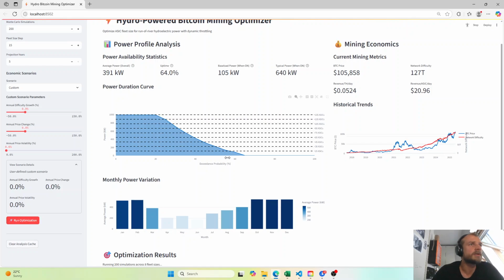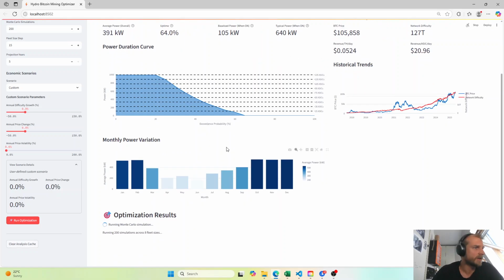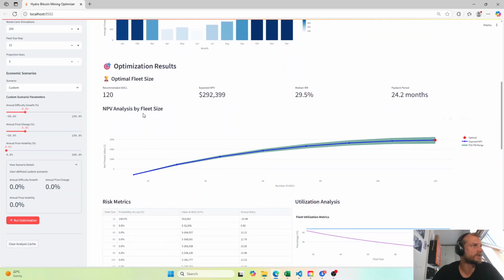And we can run the optimization, run the simulation based on all these inputs, and it gives you the answer in a second, which in this case advises 120 ASICs of that model as the most optimal case.